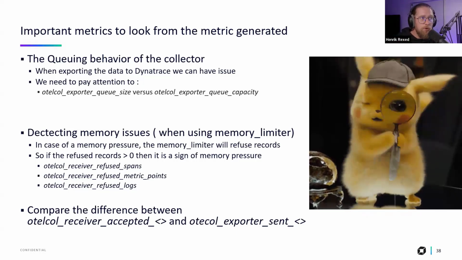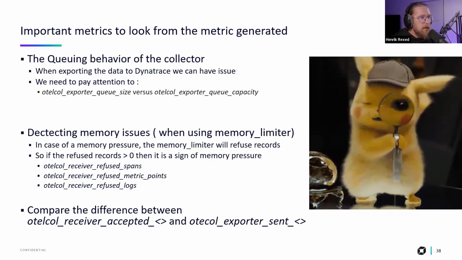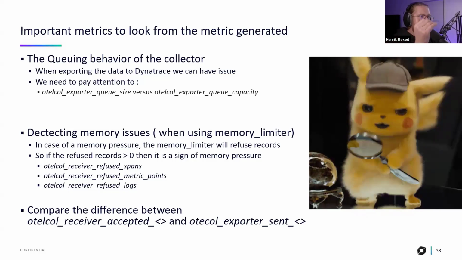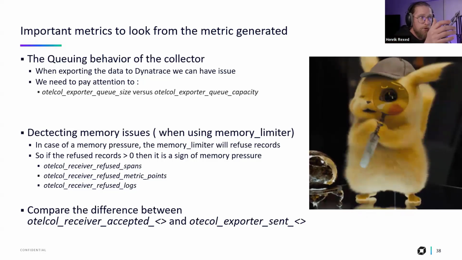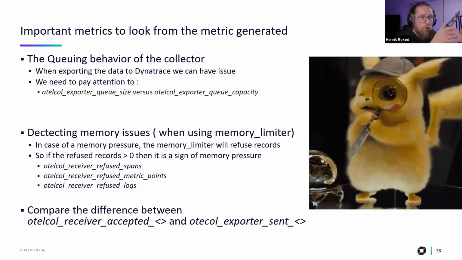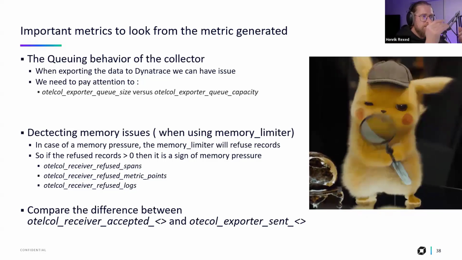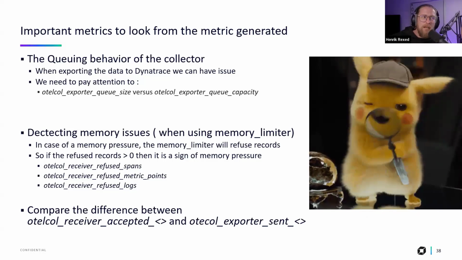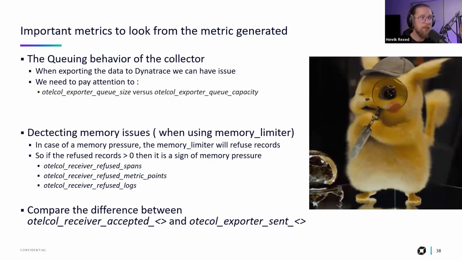The exporter has a queue, and the size will be the current size used by the queue, and then there's a maximum capacity. So keep track of how the size of the exporter queue behaves versus the total capacity. It's really important because if you see that it's starting to grow to 5%, wow, it sounds like there's a problem. So this is going to be a really important aspect to look at.